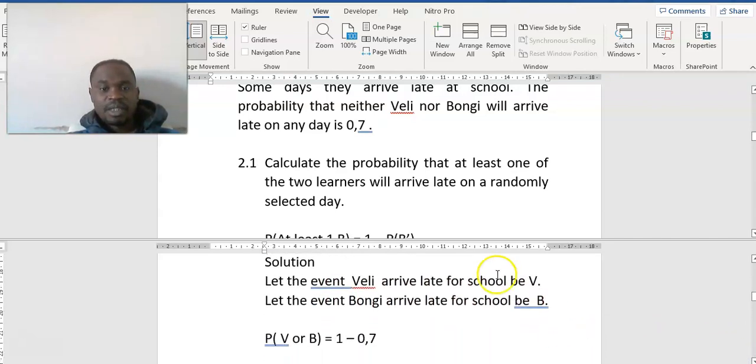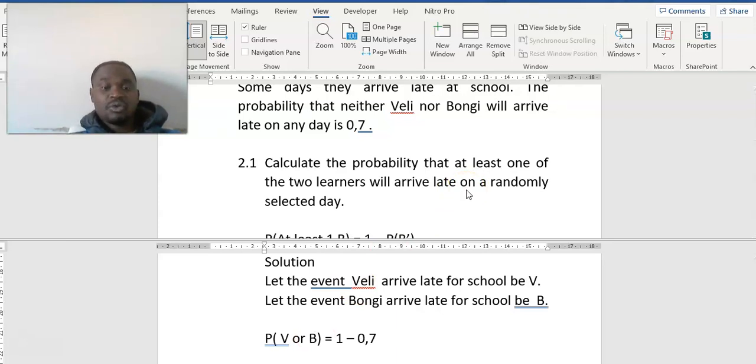Then it means the event that at least one of the boys, we can also write it this way, it can be Valley coming late or Bongani coming late, or both. Is that okay? So, or both of them coming late. It can be like that.